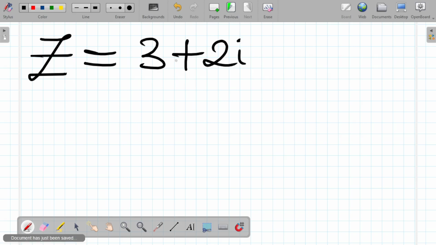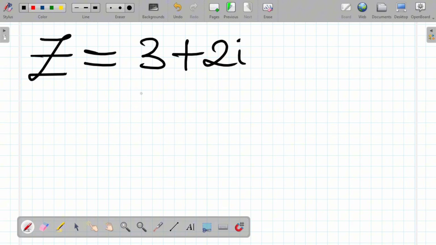Alright, so if z is equal to 3 + 2i, while looking at it, you will know that z is in the rectangular form of a complex number. So if we are asked to convert z from rectangular form to polar form and Euler's form, how do we go about it?